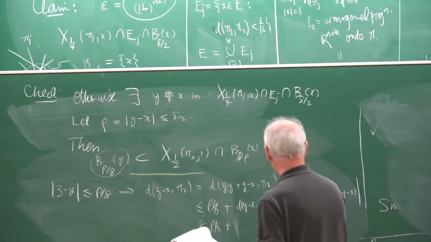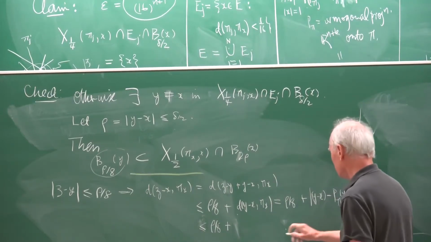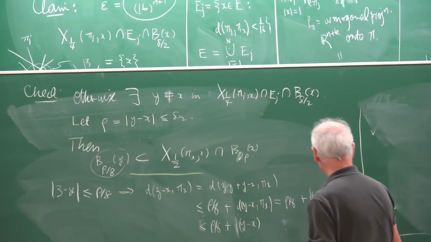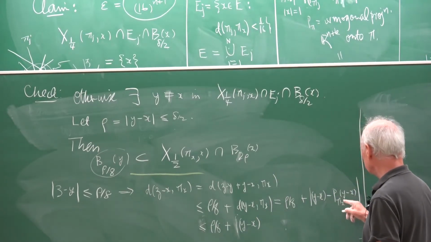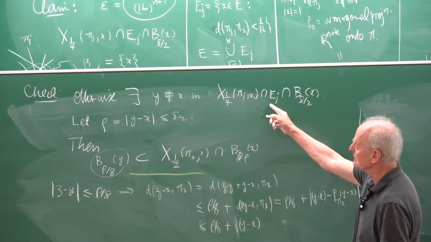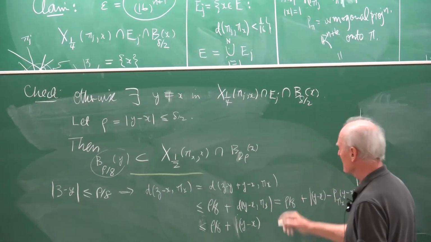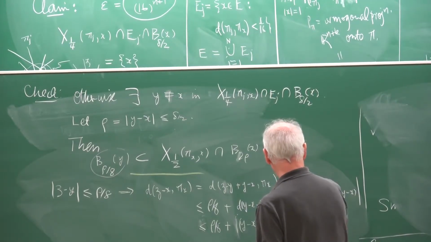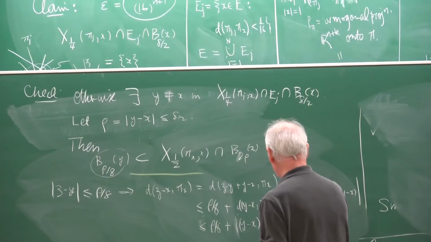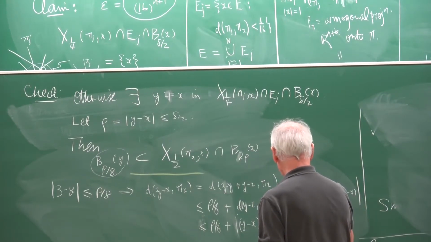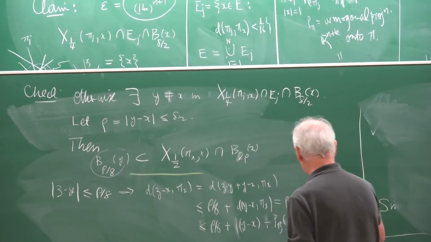So I want to say this is less than or equal to rho over 8 plus y minus x. And now I'm going to replace this by p pi j, because I want to use this fact that y is in here. So I want to do y minus x minus p pi j y minus x. But then I've got to add that, that's an error.